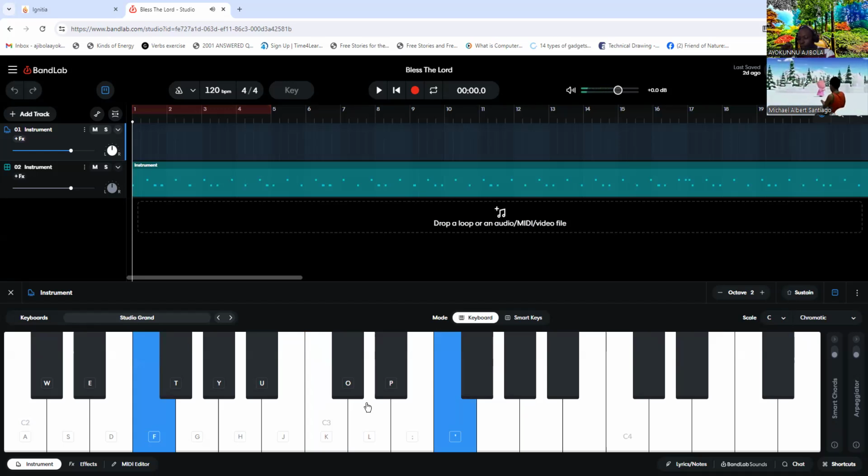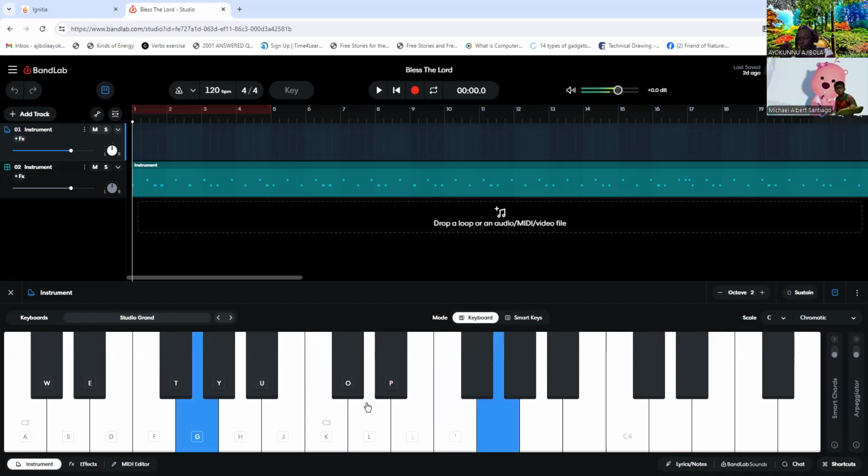Then the next one is going to be G, which is double G, with the same fingers you use for F. Use your left hand so that you can use your right hand to solo whenever you are playing the song. So left hand is for chord.